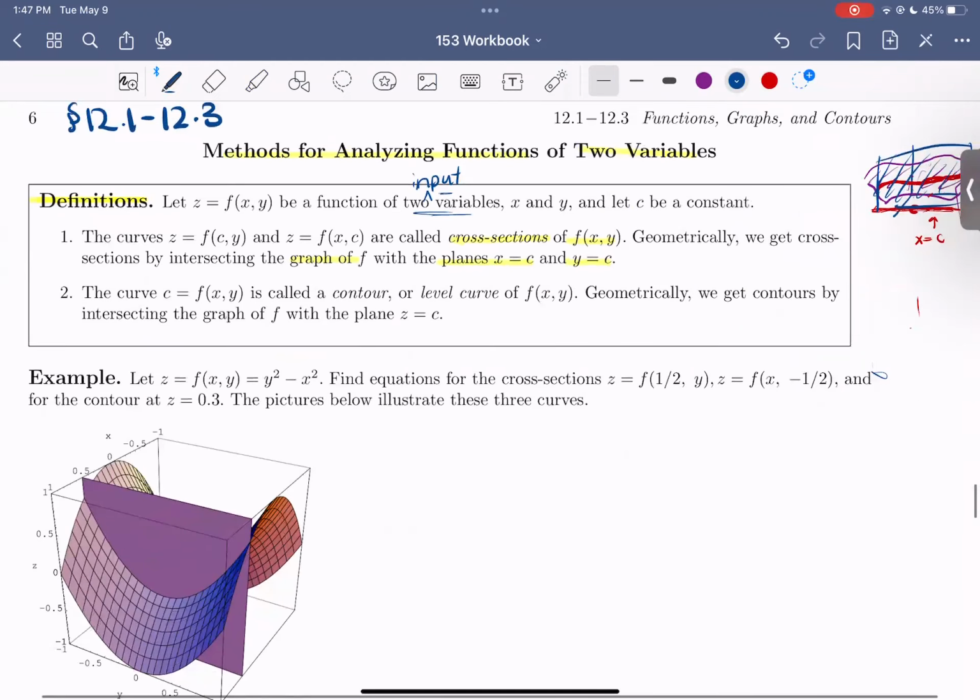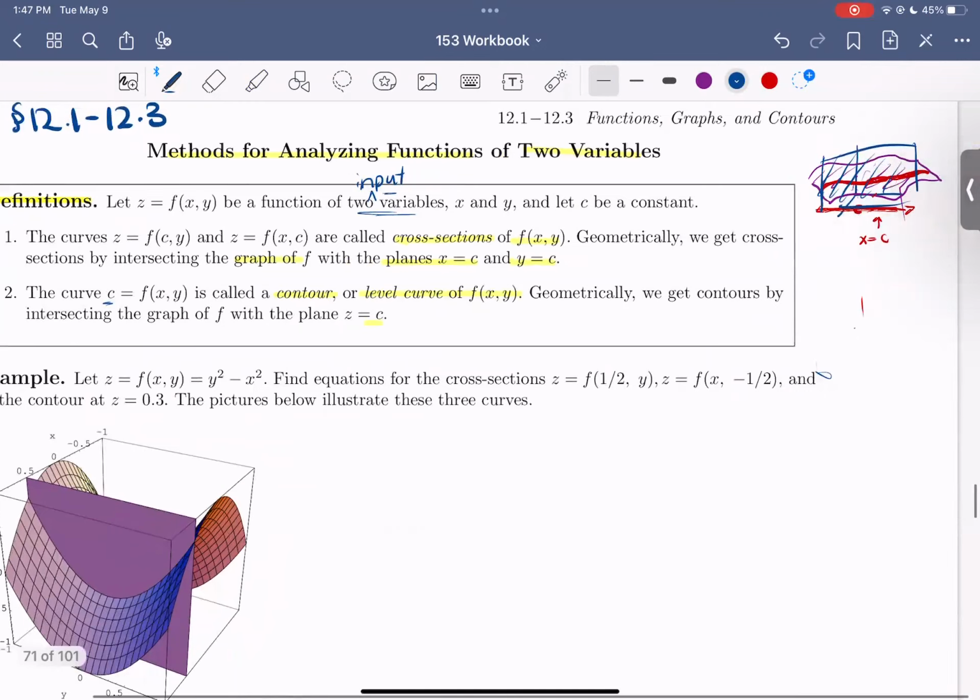The other idea, number two, is the curve where we fix the output, z equals c. That is called the contour or level curve of f. Geometrically, we get contours by intersecting the graph of f with a plane z equals c.